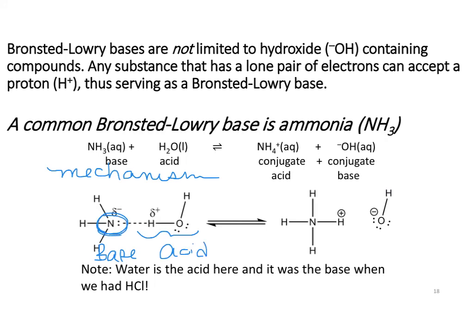So the electronegative atom on the base with its lone pair of electrons is going to be strongly attracted to the hydrogen ion on the acid. And as the nitrogen in this case pulls harder and harder on the hydrogen ion, the bond between the hydrogen and oxygen in water is going to start to loosen and get weaker until it breaks. And here are your products.